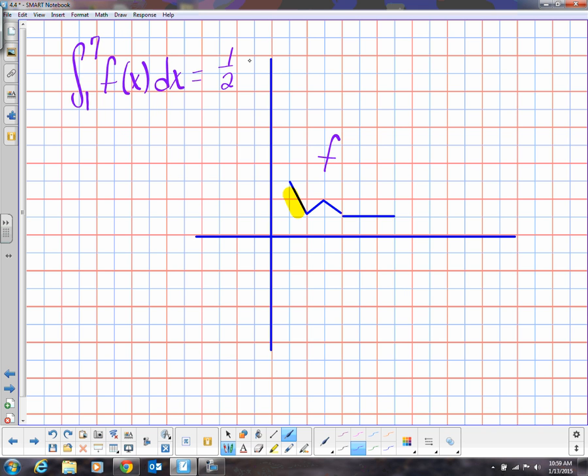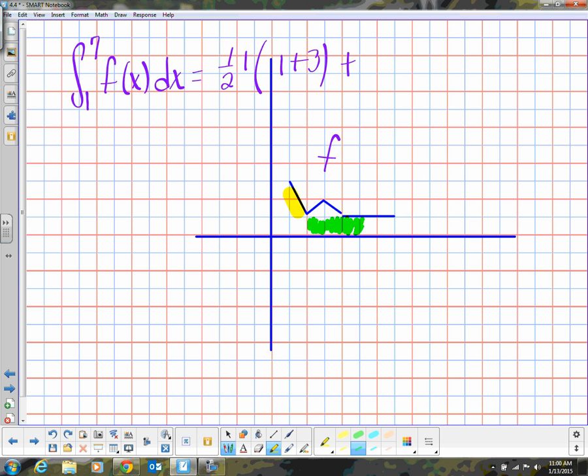So what is this area right here? 1/2 height is 1, base 1, 1 plus, that's 1 base and there's 3. All right, plus, if I were going to do this, I would look at this piece right here. How about all the way across? What is that?